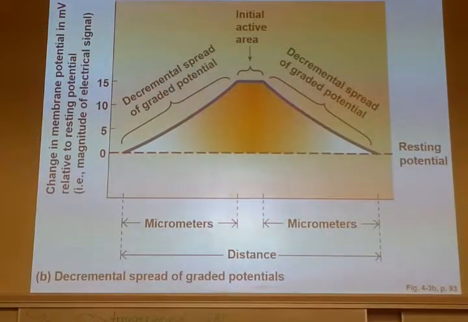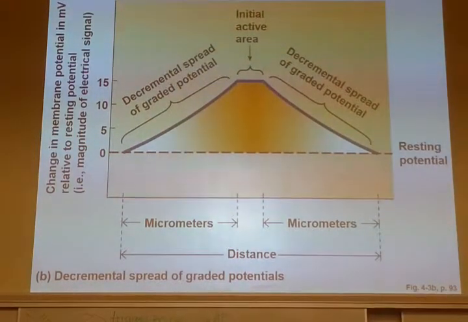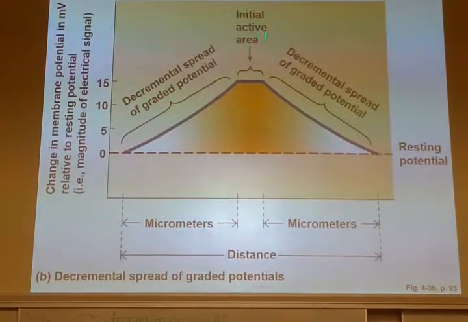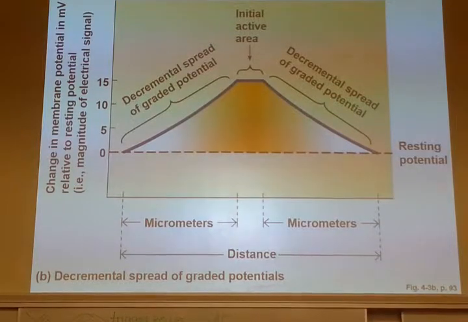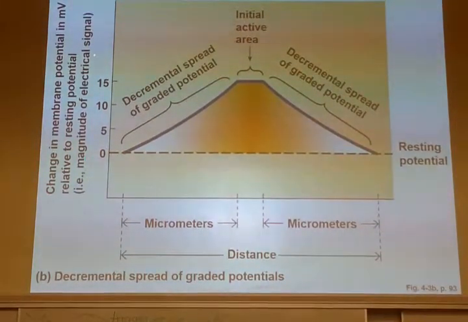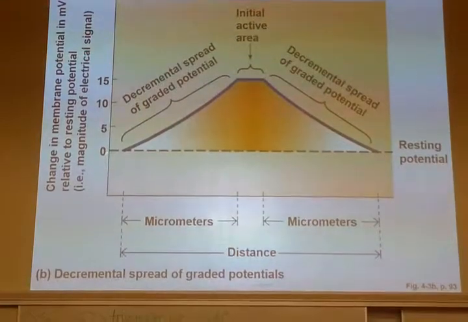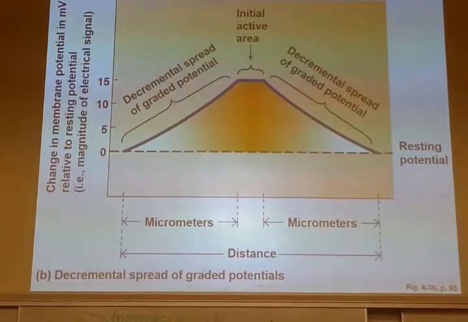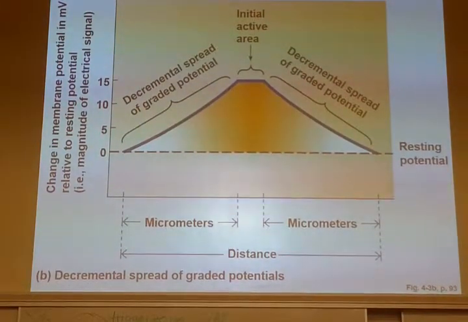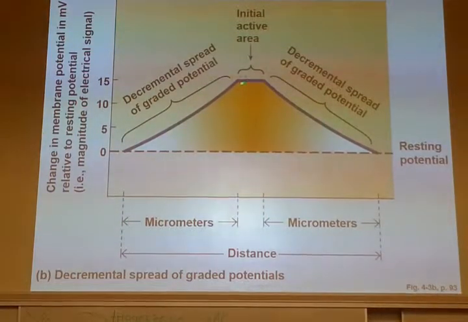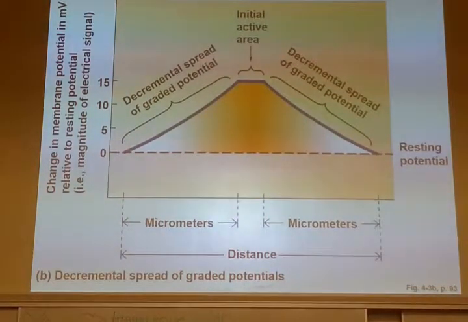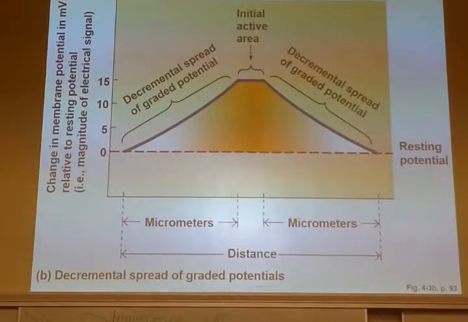So when you look at the decrease in positive charge over distance, the area where you open that ligand-gated channel is going to have the most positive charge. So you look here, the change in membrane potential in millivolts. You've gone from, well, it's a little bit, just look at the absolute change in the charge in the area.